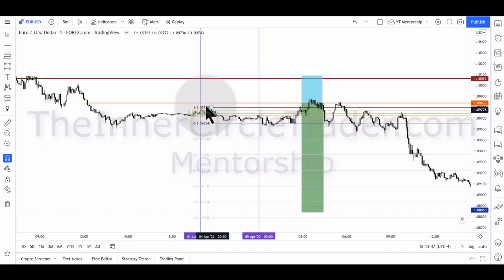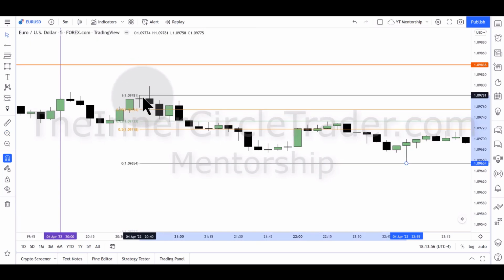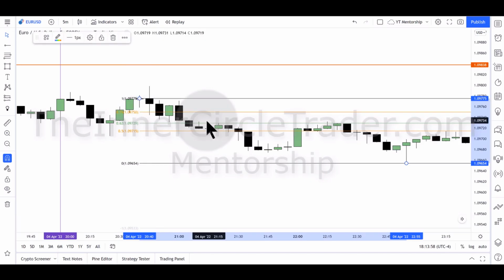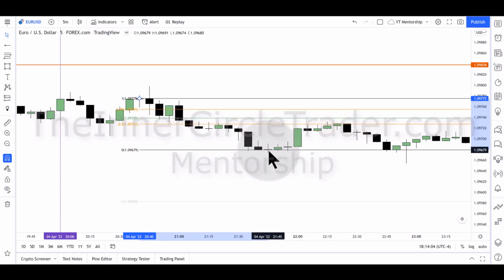So now we're going to go into this measurement on the bodies of the candle, the highest up close or opening to the lowest opening or close. Okay, I just want to double check the close on that candle. 679 open here. 679.